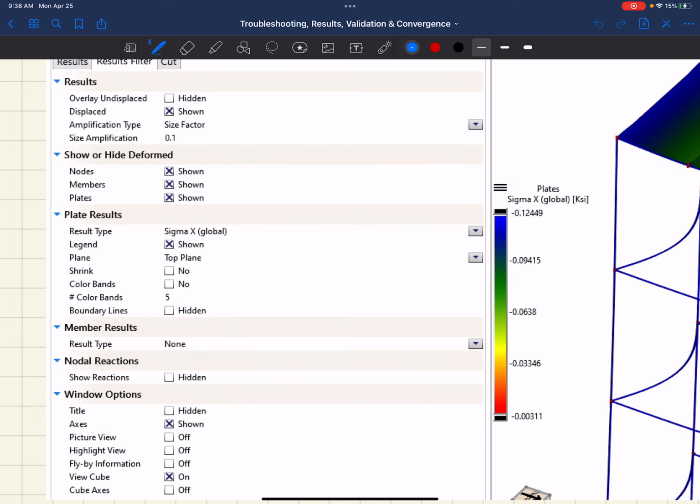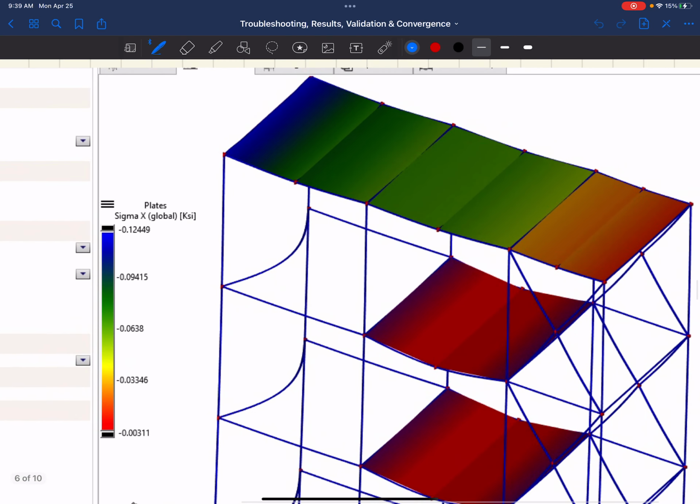It gives us all sorts of shaded results. You can take these bars and slide them down. You can say, anything beyond a certain stress, I want it to turn gray, and it'll gray it out in the graphic view. So you can look at a whole model and say, all of these areas of our diaphragm or of the plate have excessive stress, and we're going to have to do something about them.